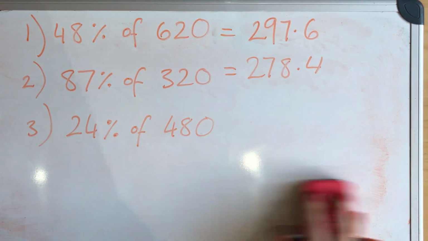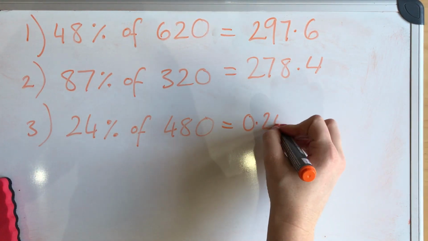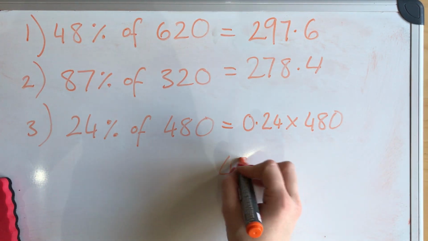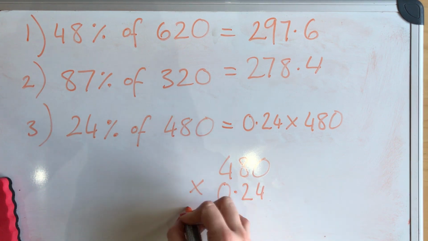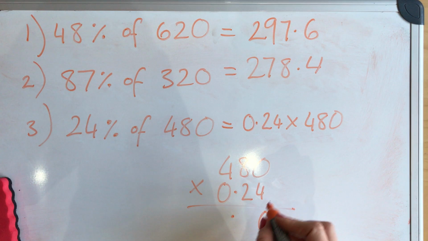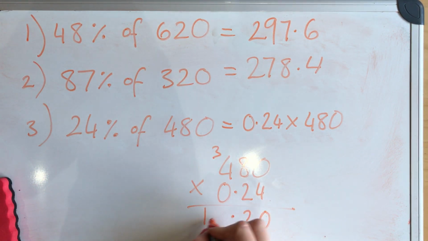And then our last one is 0.24 multiplied by 480. So 480 multiplied by 0.24. So that would be 0, 32, 16, so 19.